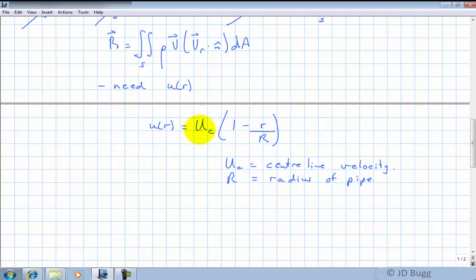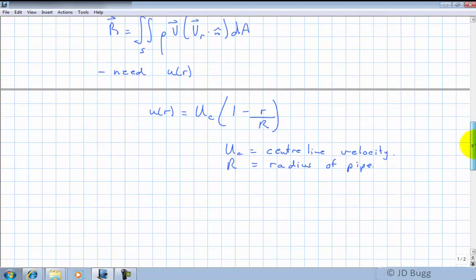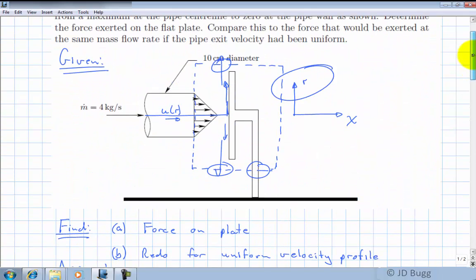So that's good. So that's an equation that is going to go into here to tell us how the velocity varies with location on that inlet surface. Now the only problem with this is we don't know what this uc is. Okay, we do not have a number for that. What we are told about the flow coming out of here is that its mass flow rate is 4 kilograms per second.